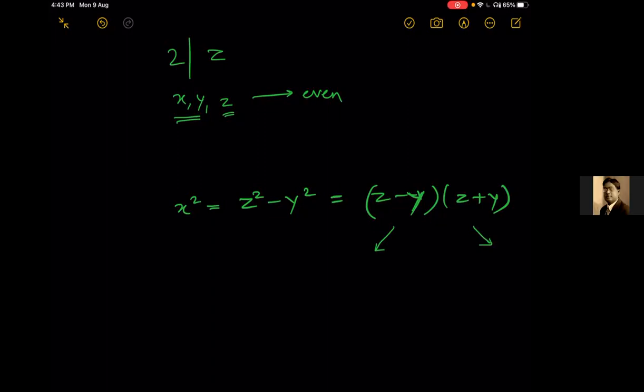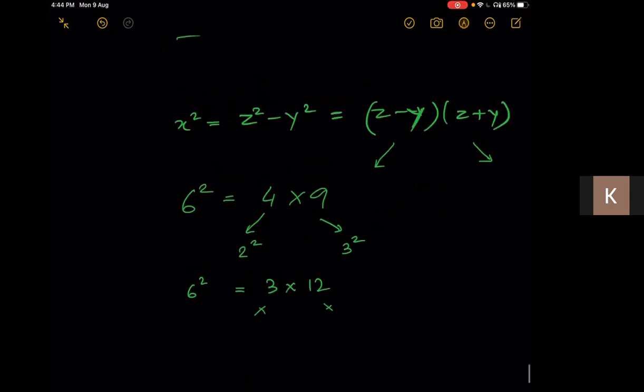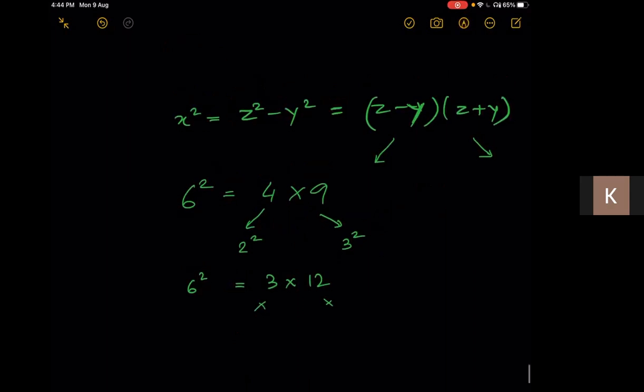No. Like 6 square equal to 4 into 9, these two are squares. But 6 square is also equal to 3 into 12, these are not squares. So in general, I cannot say that these two are squares.